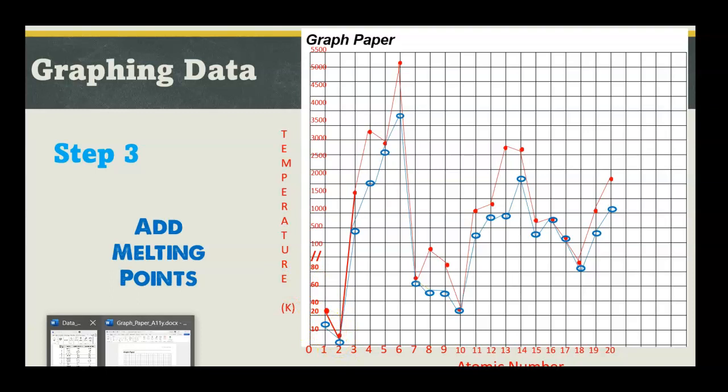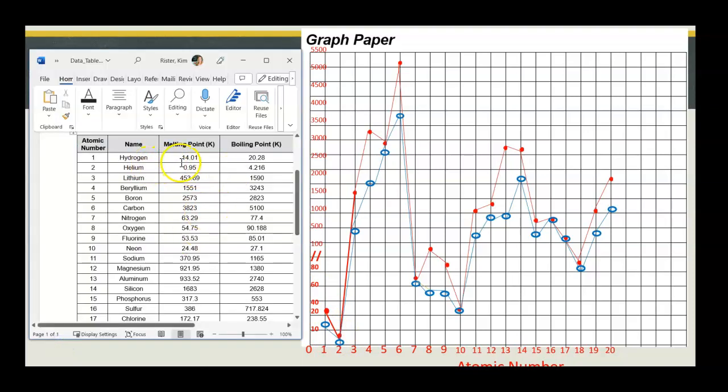So if I put this page back up, we start with hydrogen again, and it's 14.0. So element 1, you can see that blue circle is right in the middle of 10 and 20. And then we go down to 0.95, so that's down at the bottom for helium, element 2. For lithium, we're almost to 500 at 453, so you can see our blue circles there.